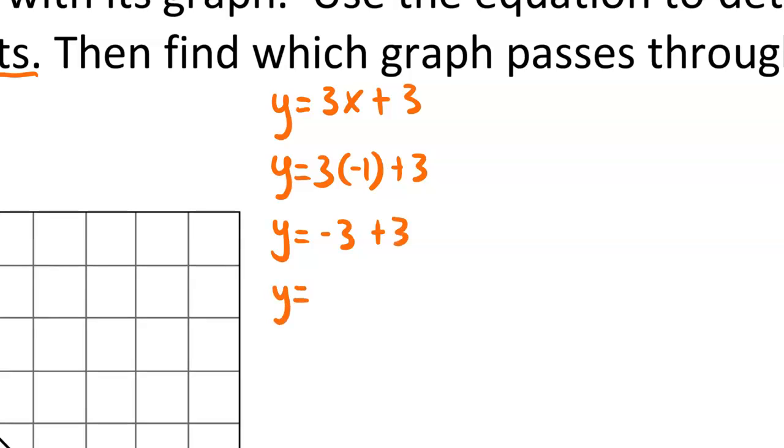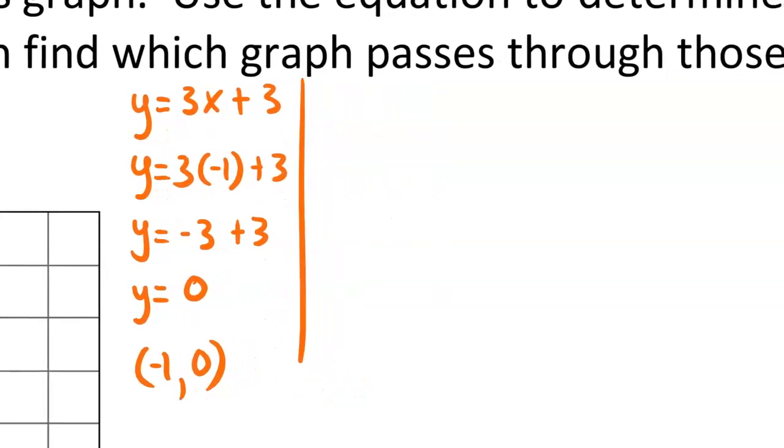Y equals negative 3 plus 3 gives you 0. So when I chose a value of negative 1 for my x, my y was 0. We're going to do this with 0 now, and then we're also going to do this with 1.